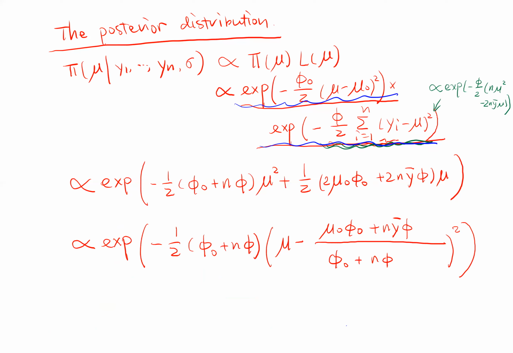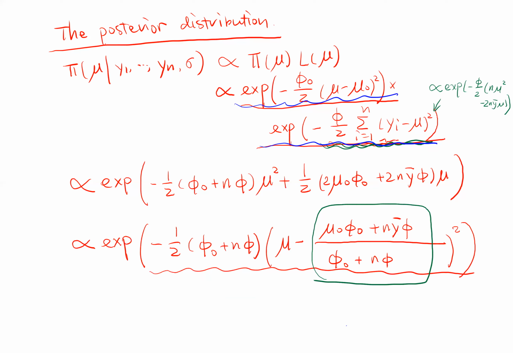So after you complete the square, this is what you get. And just like what I wrote earlier, if you look at the normal density, you can start to recognize what the posterior mean is, and what the posterior standard deviation is, right? The posterior mean is whatever in the square term is being subtracted from the unknown mu. So the posterior mean is this guy, it's going to be mu n.